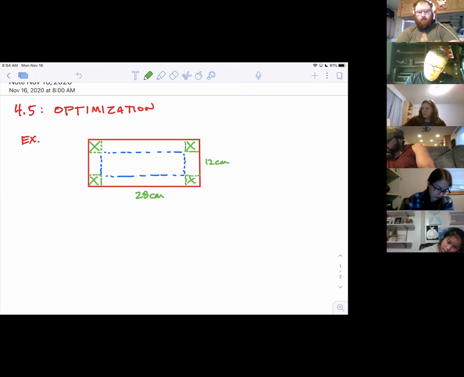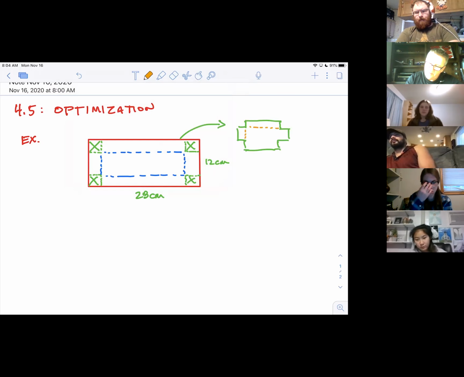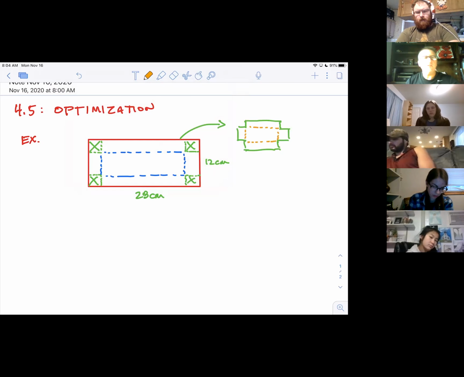Just to give you time to think about that. The end result, roughly sketched, would be a piece of cardboard that looks something like this. If you folded it along those lines, you'd end up with an open top box. Does that make sense?